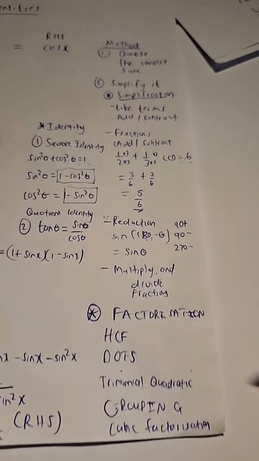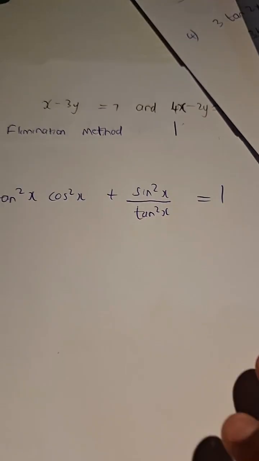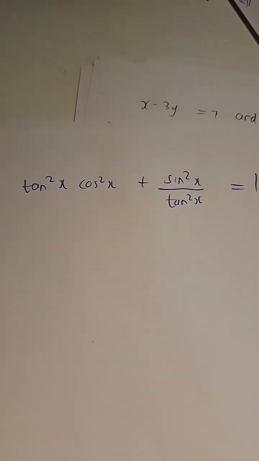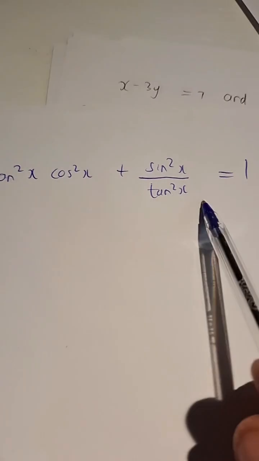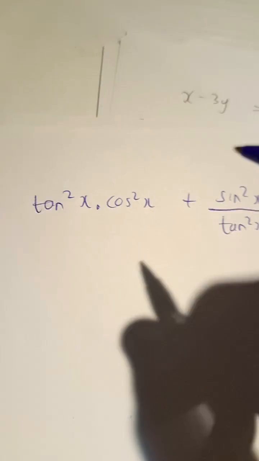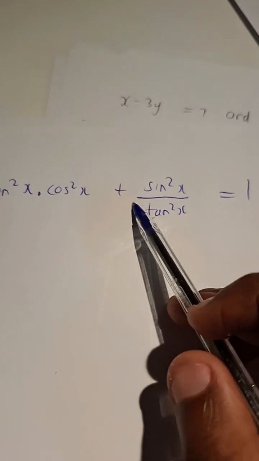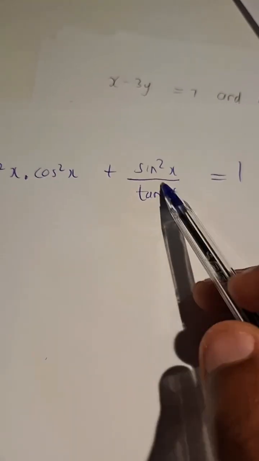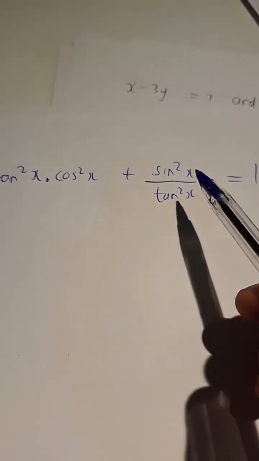Now watch me do this question and use exactly what I've just explained to you. The first thing you see here is tan squared x, which is multiplied with cos squared x, plus sine squared x divided by tan squared x. So before that, what about taking a common bracket? That's all under highest common factor factorization.